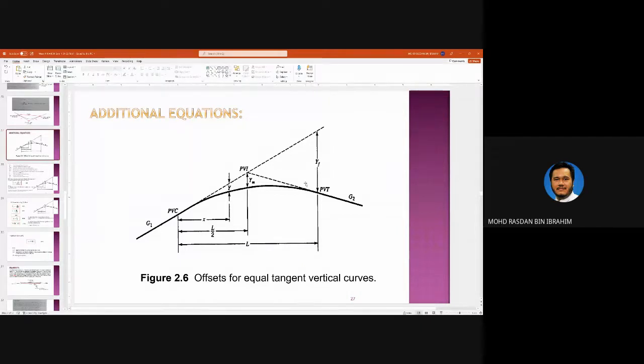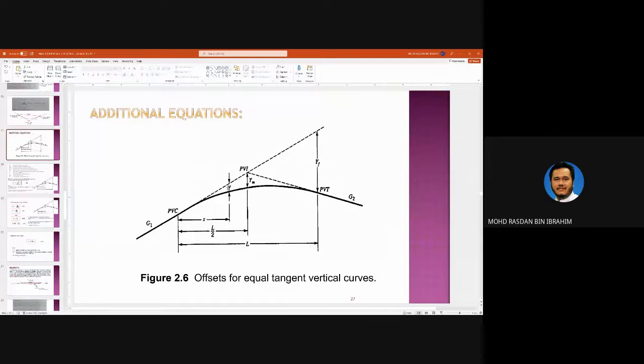Yf is the distance between the existing point on the curve to this imaginary line, which is an offset value, starting from G1. So if you extend this value of G1 up in the air until it reaches the point of PVT, the offset value, the distance between this PVT point on the alignment to this line is Yf.